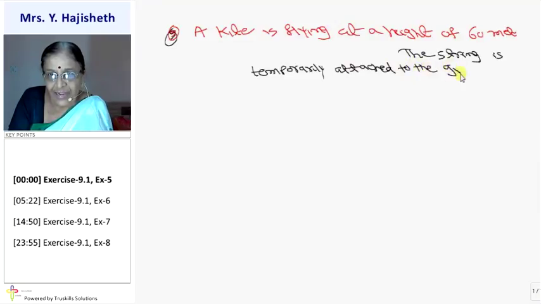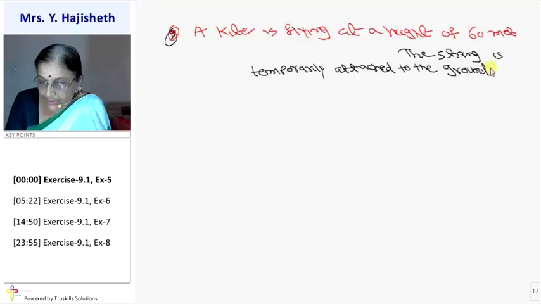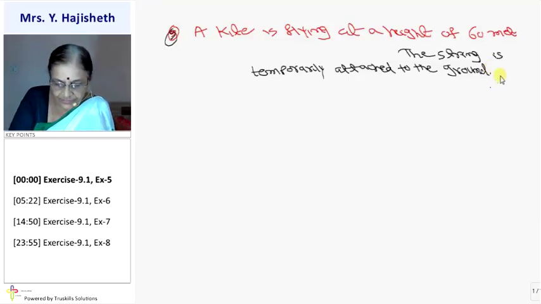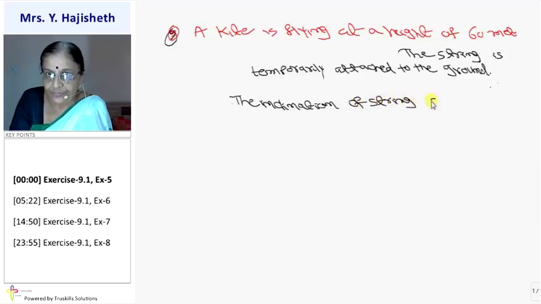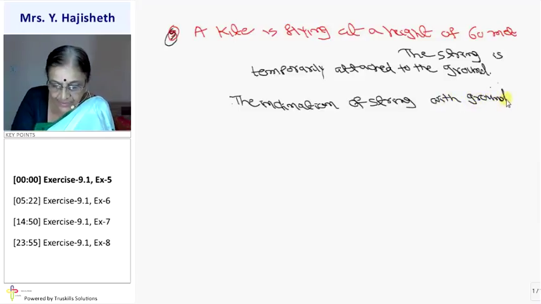One end is with kite and another end with the ground. And the inclination of the string with ground is given as 60 degree.